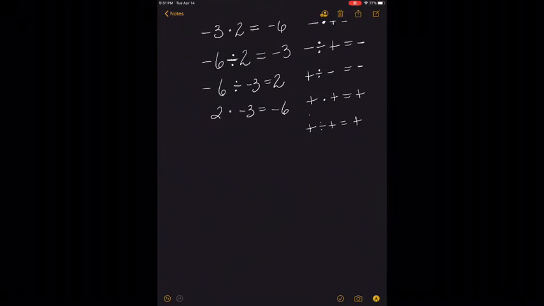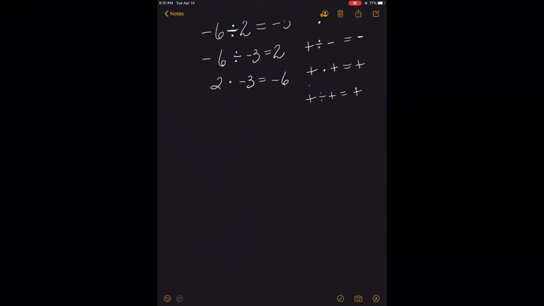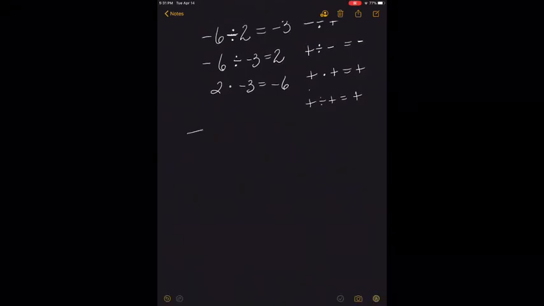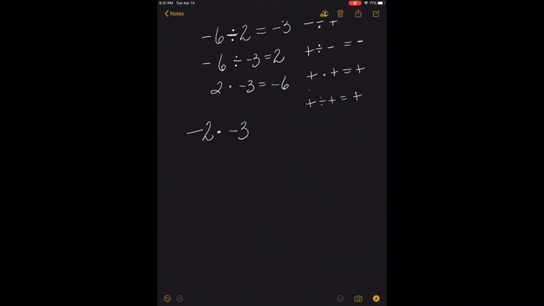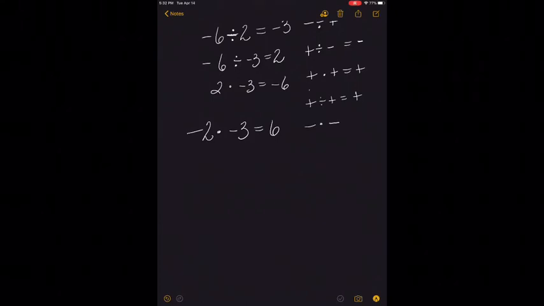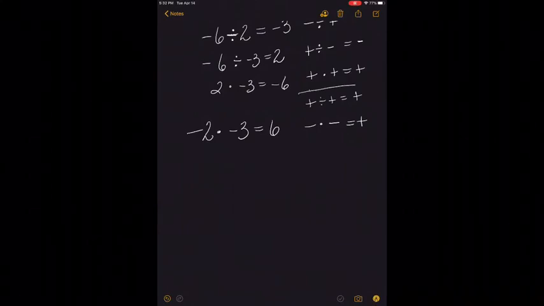If you divide a positive by a positive, you get a positive. How about negative times negative? What if you have negative 2 times negative 3? Well, you get positive 6. So if the signs are the same, you get a positive.